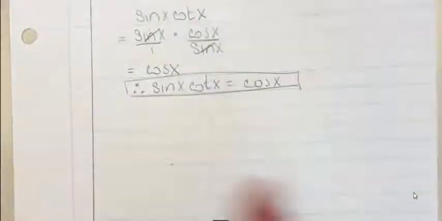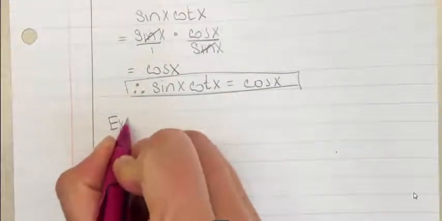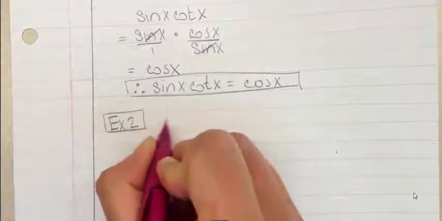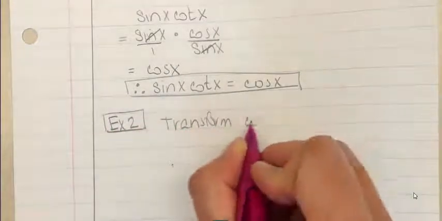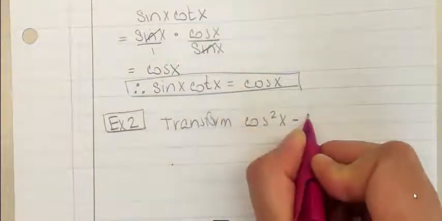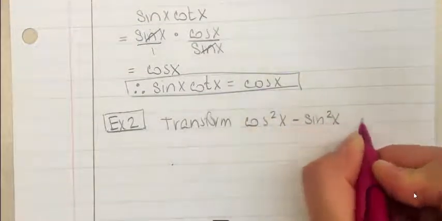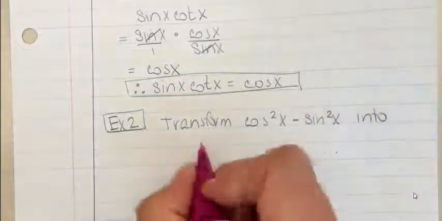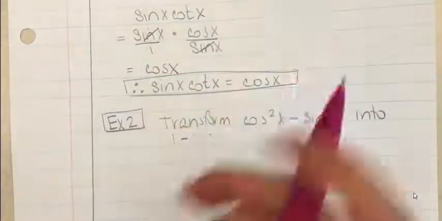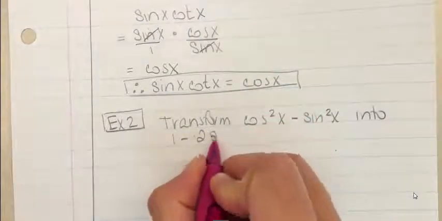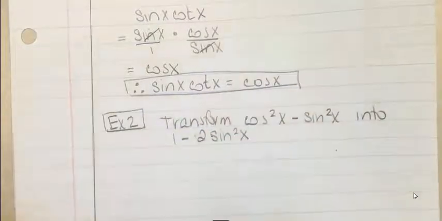Let's try another one. So example 2. We're going to transform cosine squared x minus sine squared x into 1 minus 2 sine squared x.